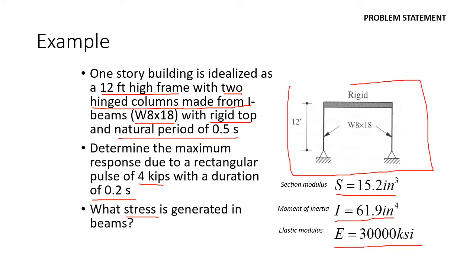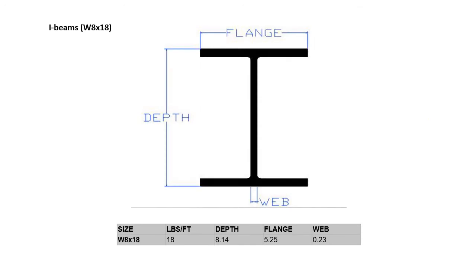And we can see, okay, here's our height of 12 feet. Here are the two I-beams, our W8 by 18, and here's a top rigid beam. So we can reference back to some of our previous textbooks or go on the web and find the dimensions based upon the fact that they told us we have an I-beam of W8 by 18. Within the I-beam, we have our top flange, we have what's called the depth on the side, and we have our web.